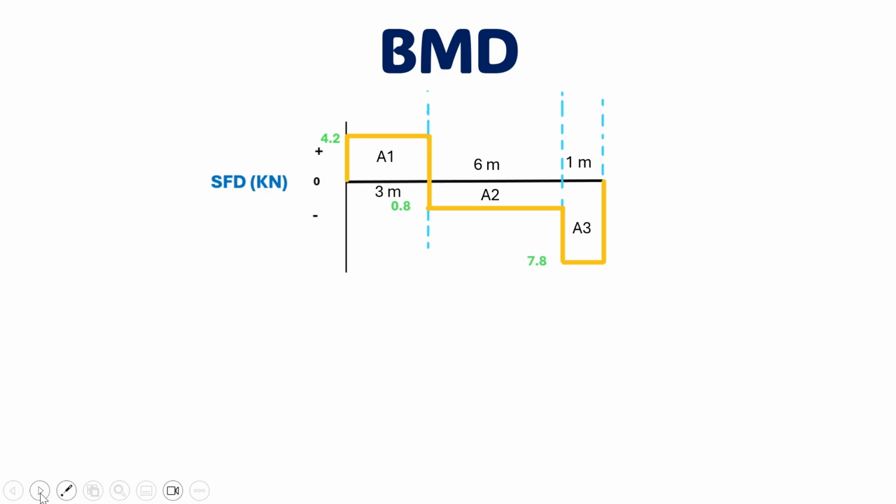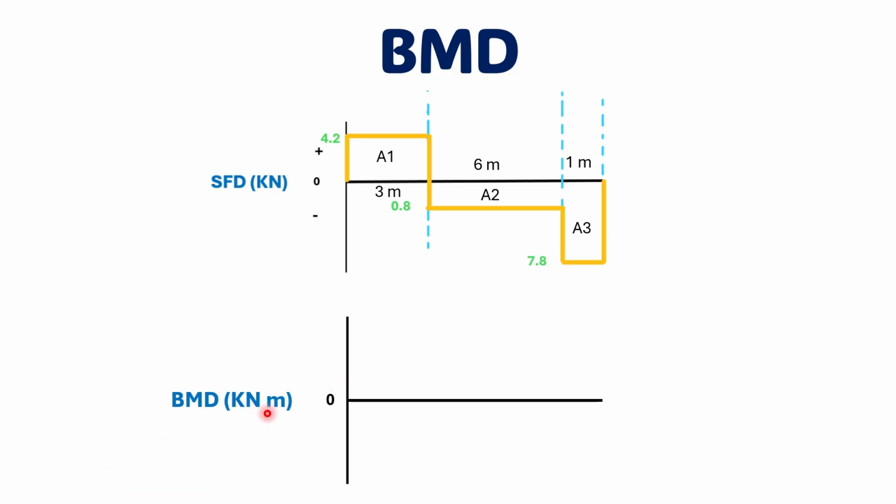So first we take this beam of the same length, and this y-axis line now represents the bending moment, because we have to find the bending moment, and the unit is kilonewton meter, because the moment unit is newton meter, kilonewton meter, or mega newton meter, etc. So we will be taking kilonewton meter.